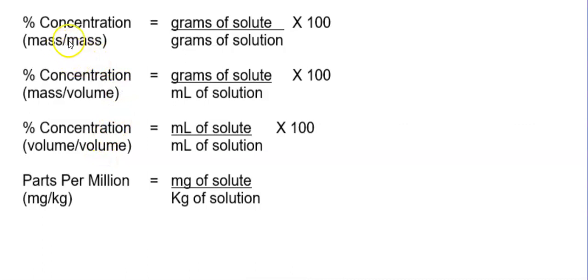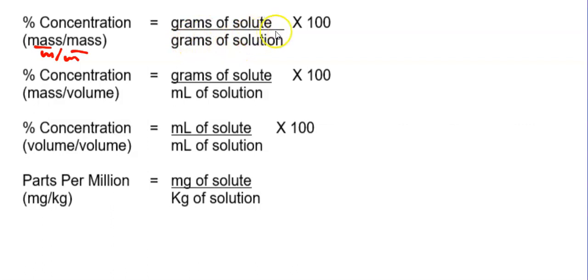So there's three types: mass over mass, mass over volume, volume over volume. And to know which one to do, just read the problem and it will tell you. All of them are pretty similar. You take the grams of solute if it's mass over mass, which would also just be M over M. You'll see that instead of it written all the way out. So that would be the grams of solute over the grams of the solution.